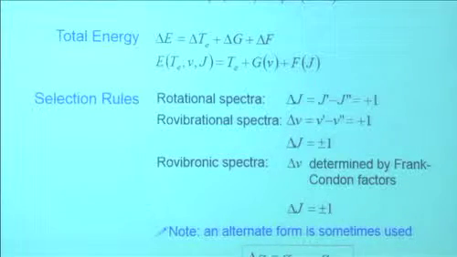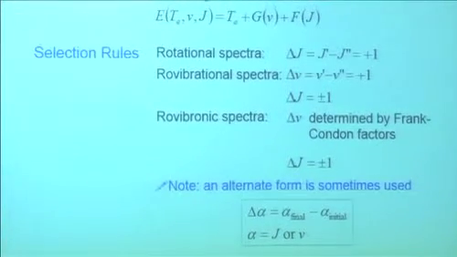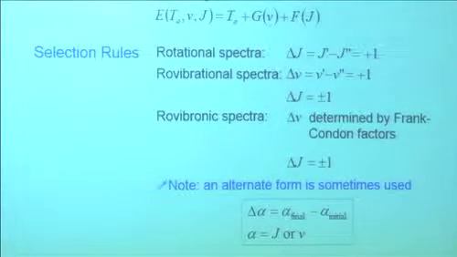Now, what about the rovibronic spectra? That means the combined electronic transition: electronic change, vibrational change, rotational change. I've got to bring in the electronic energy. It'll turn out that the delta J is going to stay the same, but this one changes. And that introduces what's called the Franck-Condon factor that I tried to explain in words.